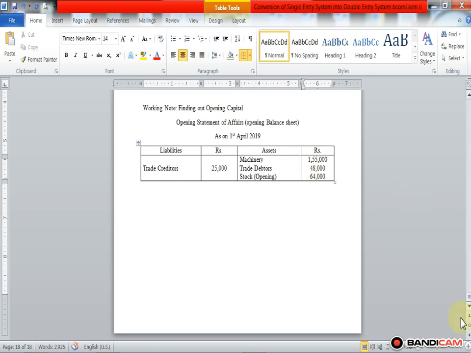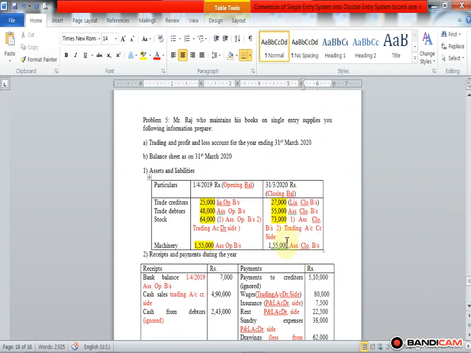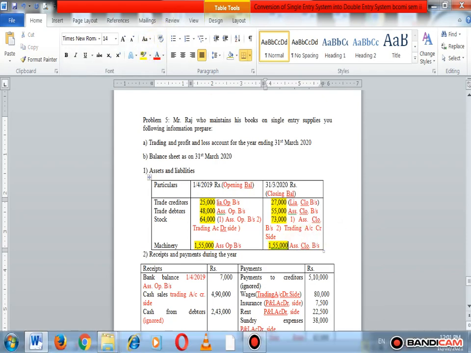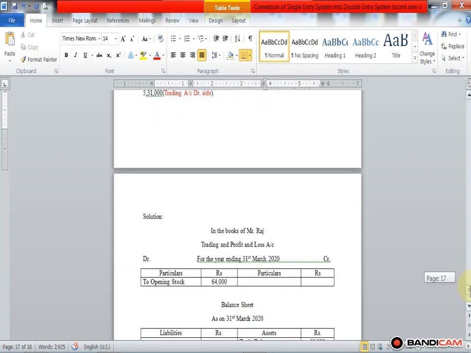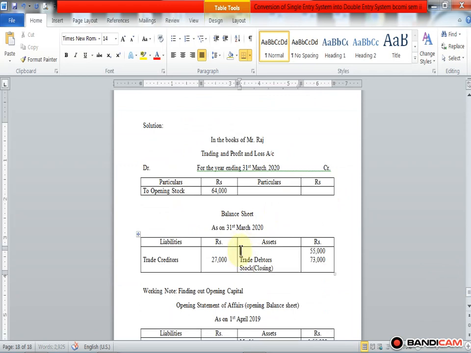Then closing machinery, the same amount, is transferred to the closing balance sheet. On top, fixed assets, then current assets. First, machinery amounted to rupees 1,55,000. Got it? Okay sir, yes sir.